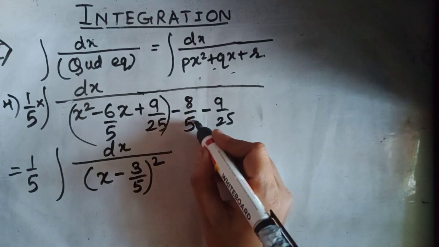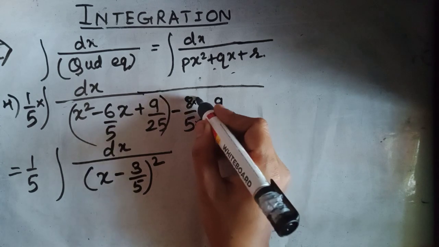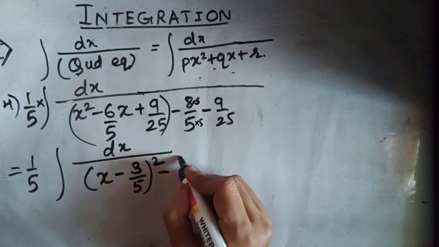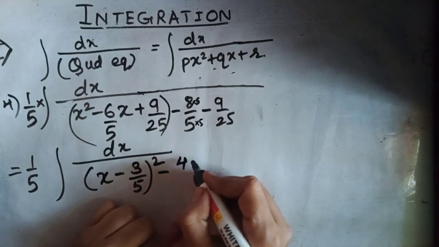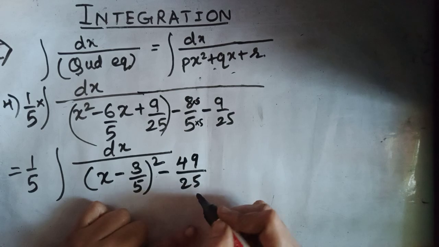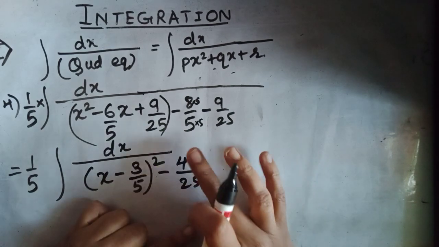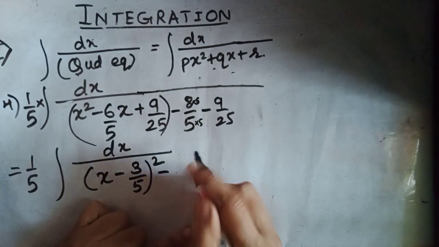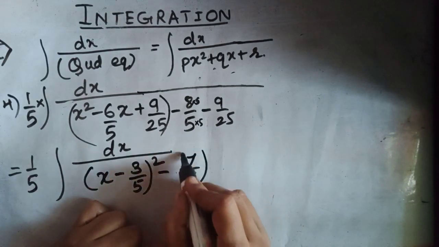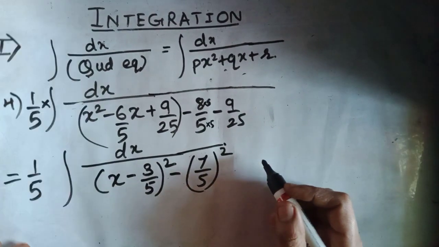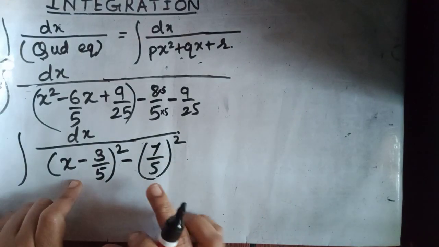So this will be 5 into 5 to 5, 40 plus 9, so 49 upon 25. You can write it as 7 squared and 5 squared, so 7 by 5 the whole square. So this is in the form x square minus a square.